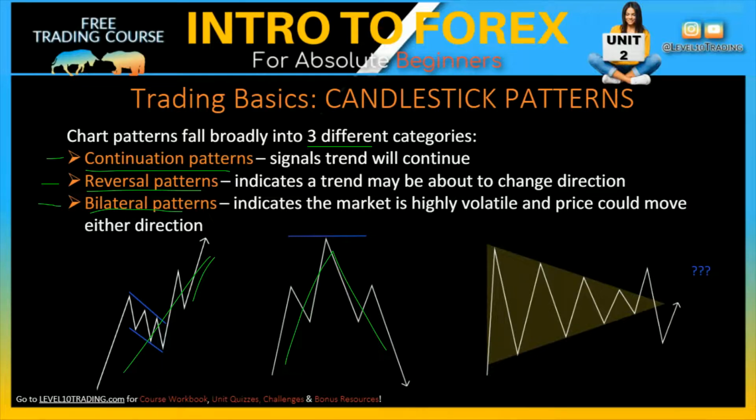Bilateral patterns are patterns that can vary from trader to trader as to which patterns actually fall into this category. And honestly, I consider every single pattern to fall into this category in my trading. I only take notice of what might be setting up, but a bilateral pattern indicates that the market is highly volatile and that price can easily move in either direction.